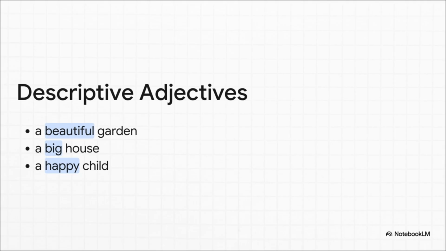These are probably the ones you think of first. They tell us about qualities. Things like color, size, shape, or how something feels. Words like beautiful, big, and happy, they're all in this group. These are the real workhorses of description.